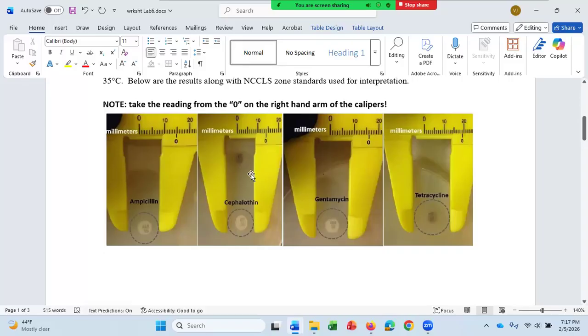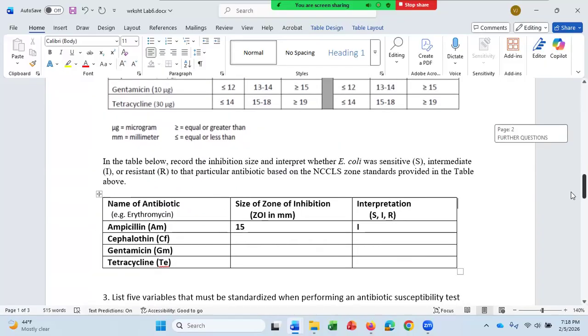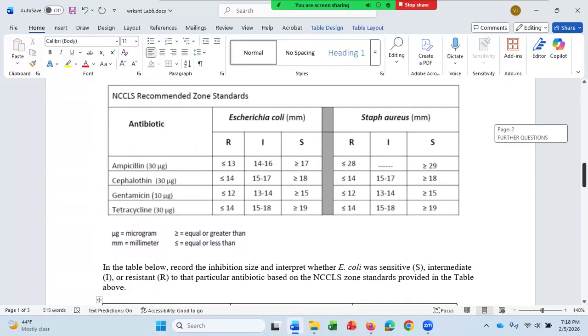So from here, on cephalothin, you measure from here to there to get your measurement of the zone of inhibition. Once again, you do not measure from here to there. So if you go 9 millimeters, it'd be wrong. Any question about any of that? And that's just the way calipers work.